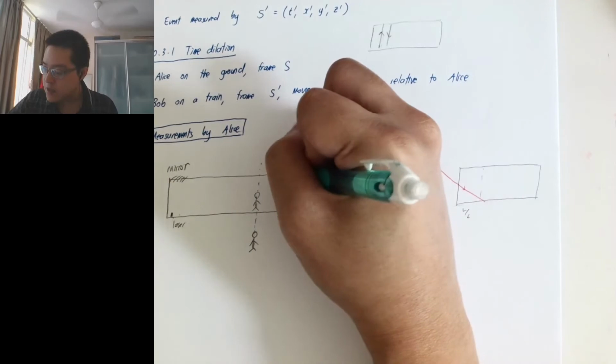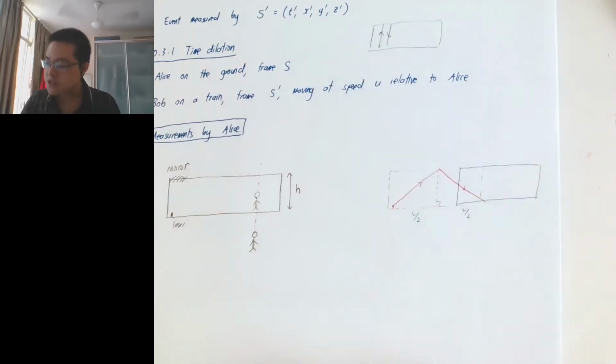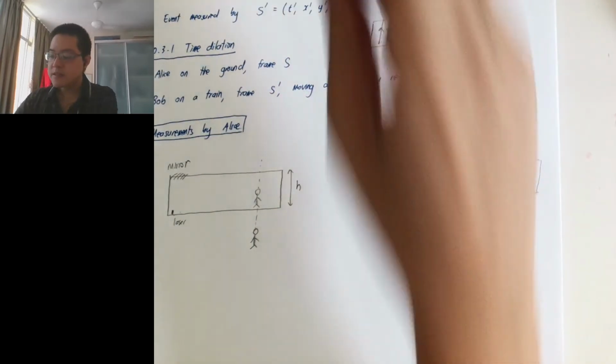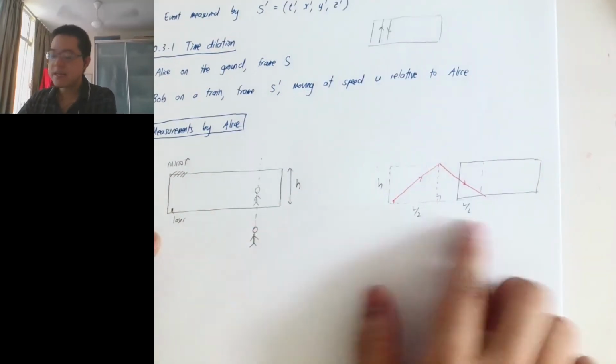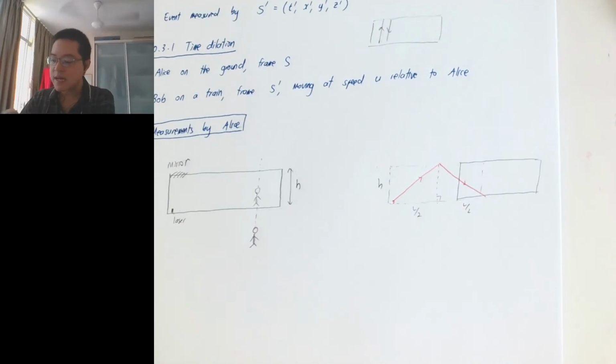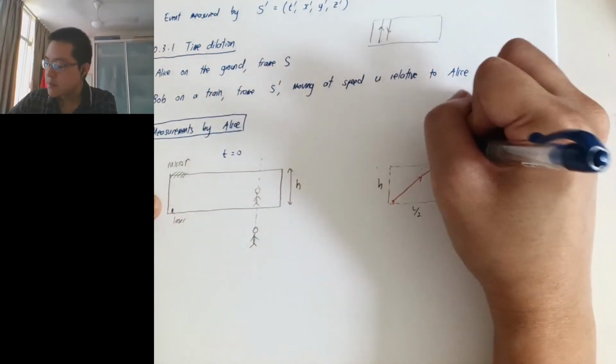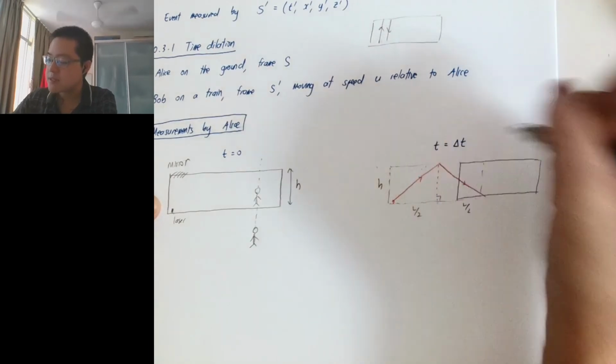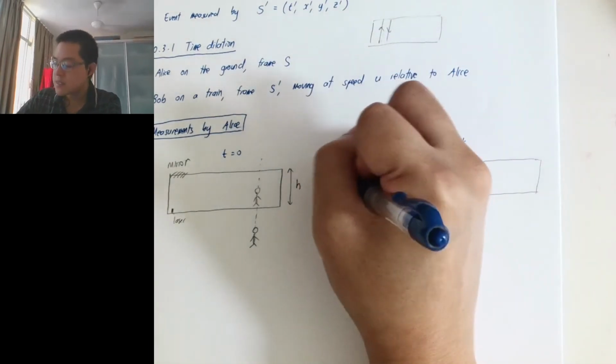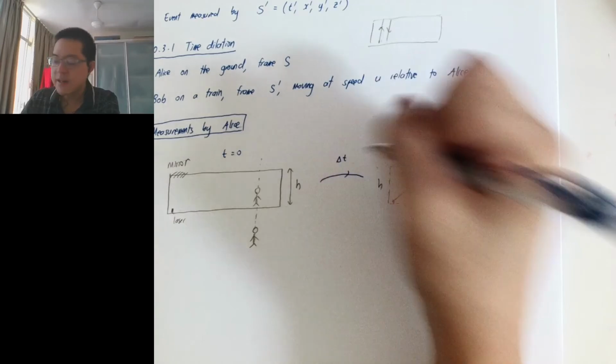We consider the height of the train to be h. So this is h. And from here to here there's a certain time interval later. So this is time equals 0, and this is time equals some time interval later, delta t.